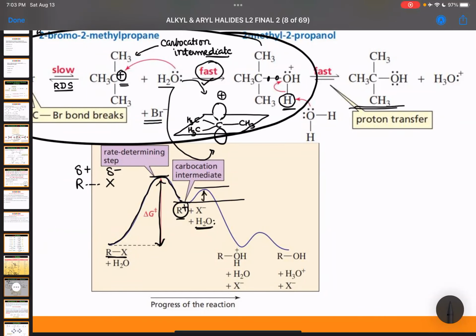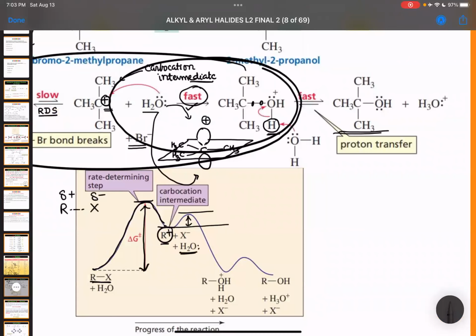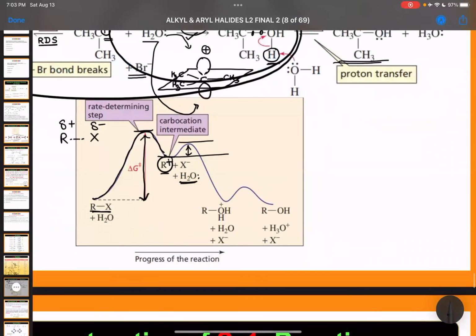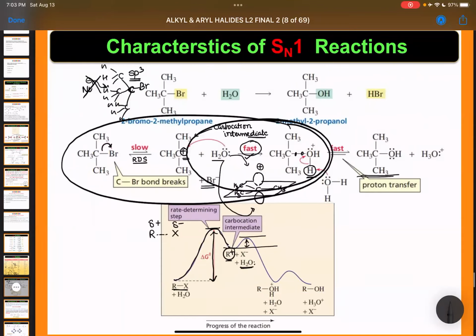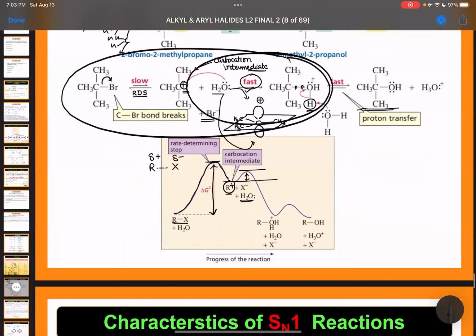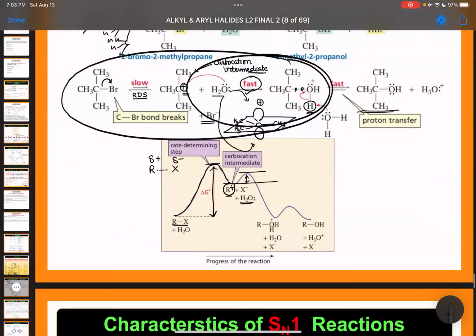So the energy required for crossing that second step is very less, and it can happen very quickly, right? Yes, sir. So that's how the product is formed. This is the mechanism of SN1, right?